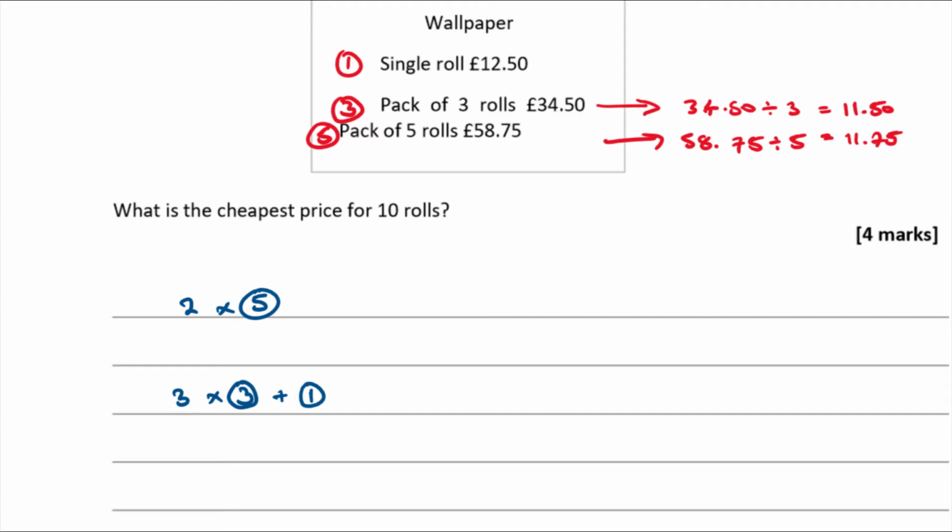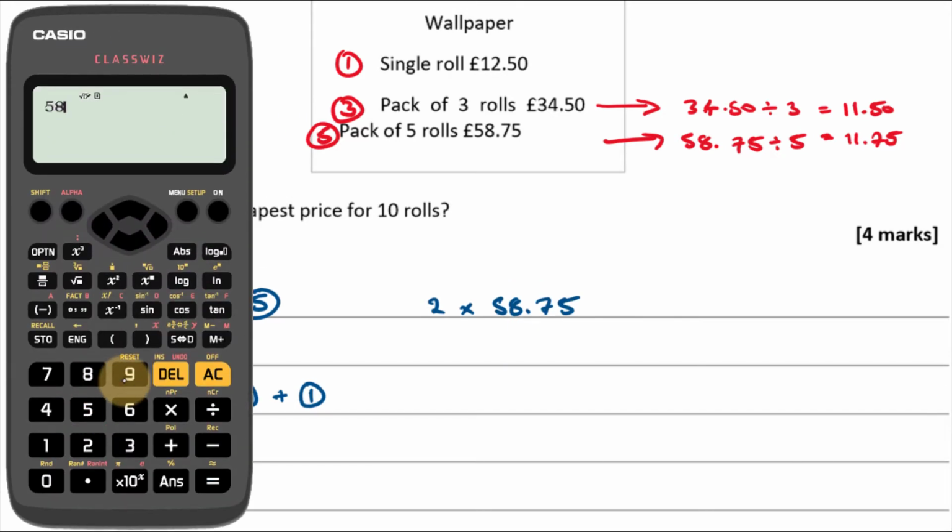So what's 2 lots of the 5 then? That's going to be 2 lots of £58.75. What does that come out to be? £58.75 times 2 gives me £117.50.